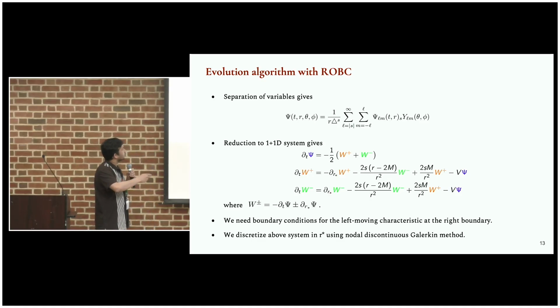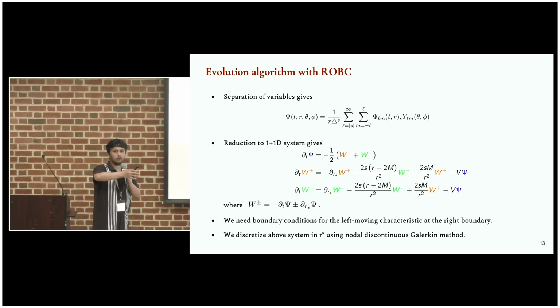Okay, so we start by just separating the angular part. Because we have spherical symmetry, we can separate out the theta and phi using harmonics, and then we just have this function. Then we introduce auxiliary variables like w plus and w minus here, and write a system in 1+1 dimensions, one dimension in space and time, and they are color-coded like this. What we need is essentially boundary conditions for the left moving characteristic.